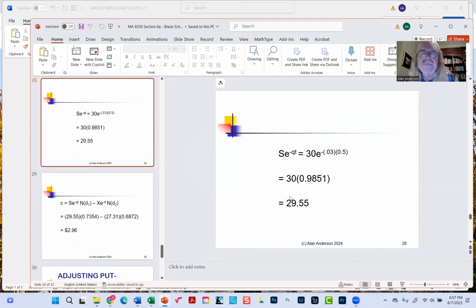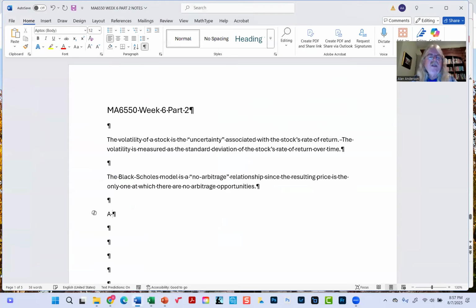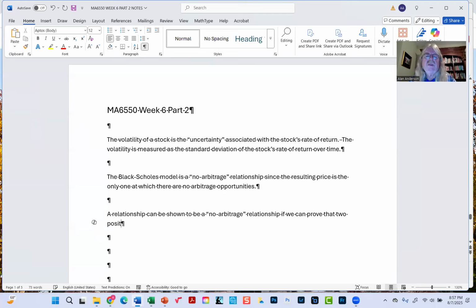And the logic behind that is that a relationship can be shown to be a no-arbitrage relationship if we can prove that two positions with equal risk and the same cash flows have the same price.